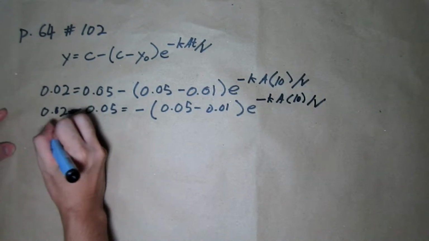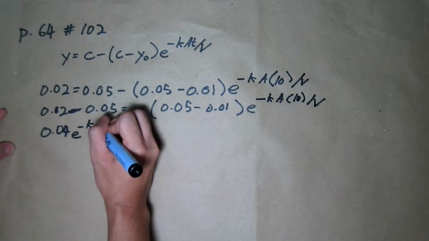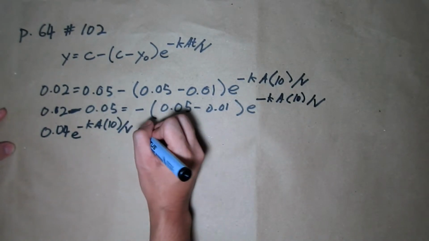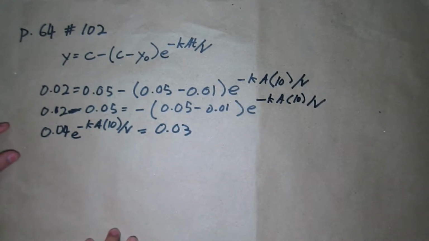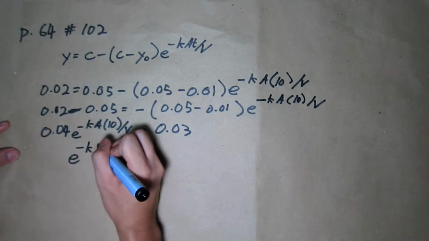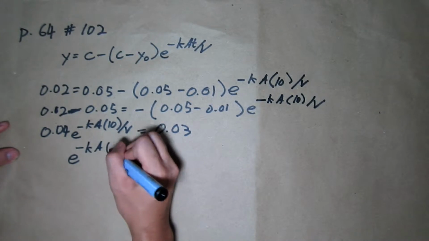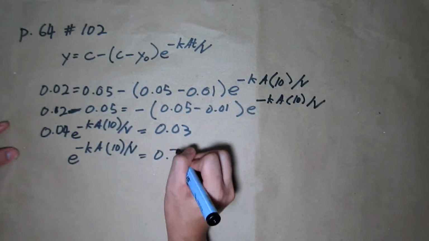Then this becomes 0.04 e raised to the power of negative ka, 10 over v is equal to 0.03, and then e raised to the power of negative ka times 10 over v is equal to 0.75.